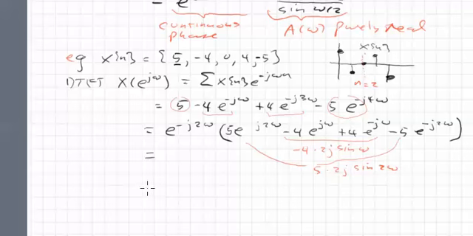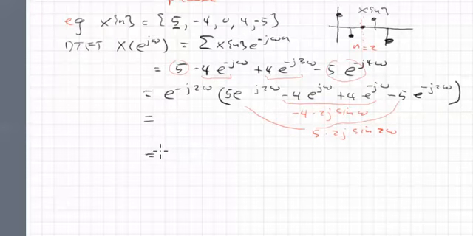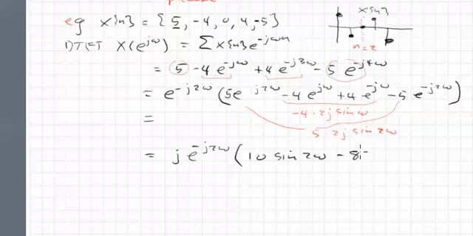All right, so let's write this whole thing out. We've got j e to the minus j2 omega, and then we've got times 10 sine 2 omega minus 8 sine omega. Okay, so that's what we wanted.